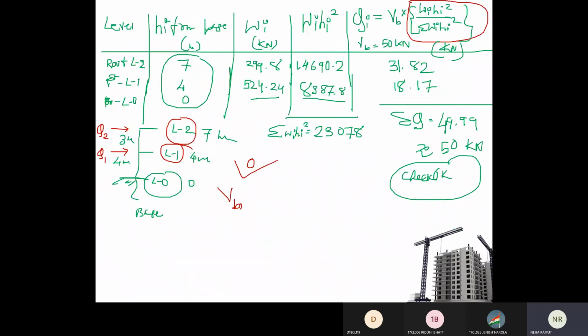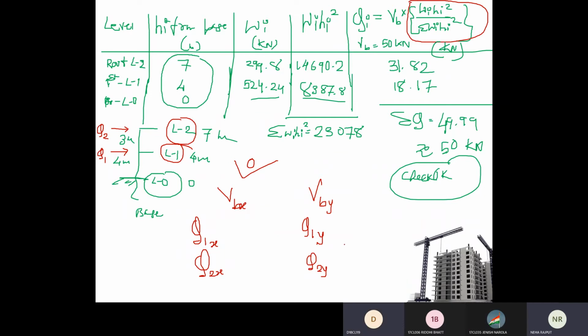One for VBX, where you will find the Q1 force in x direction, Q2 force in x direction, and by the second table, by changing the value of VBY only, you will get the Q1 force in y direction, Q2 force in y direction. Got the idea?